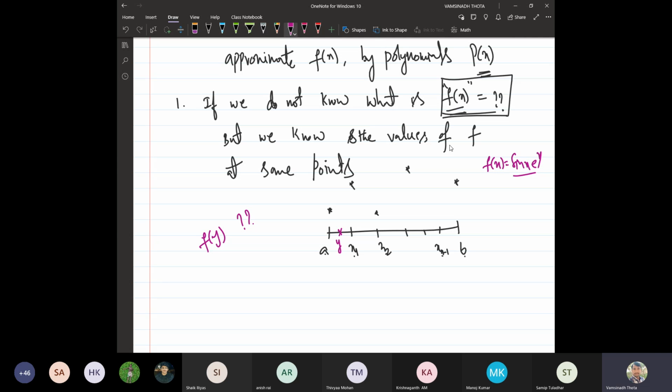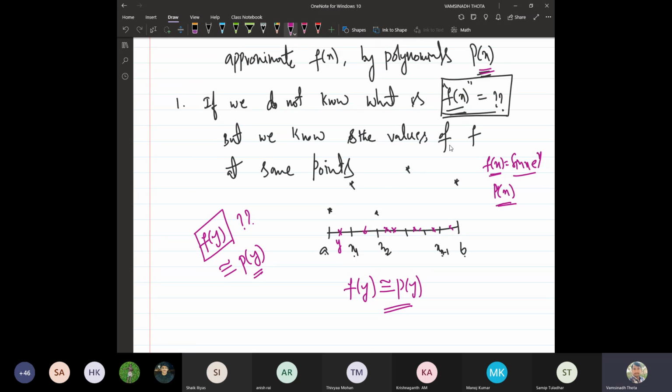What we know is that there is a polynomial p of x which approximates the function f of x. So instead of finding the value of f at y, we can say the value of f at y is approximately equal to the value of the polynomial at the point y. Not only at this point, but at all the remaining points of the domain, the value of the function f is approximately equal to the value of the polynomial.